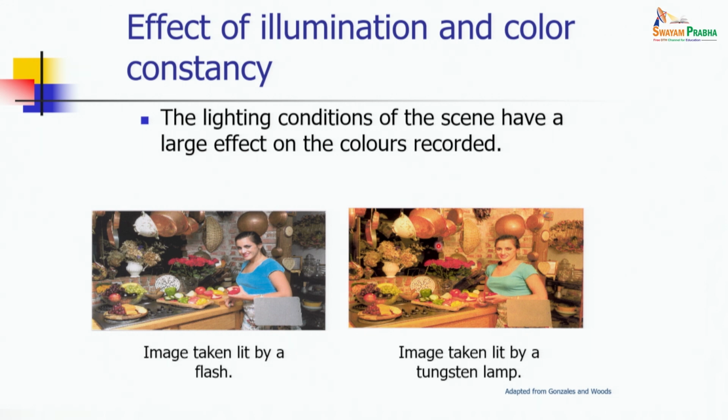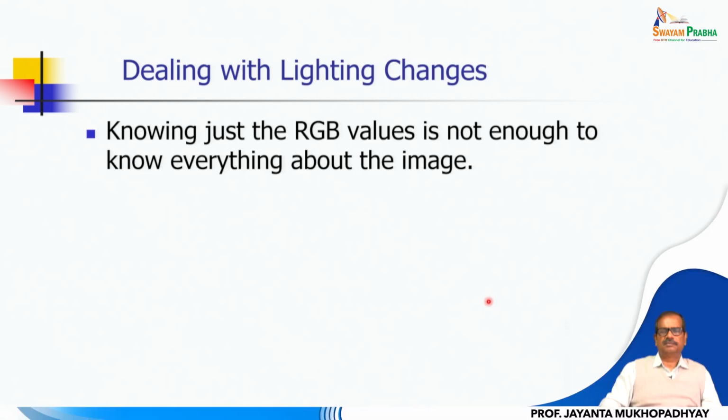But as a human observer, we still perceive all these colors the same under this illumination also. So our perception is more accommodative. This is a property we call color constancy. So one of the objectives of color processing is how to make your representation illumination independent.